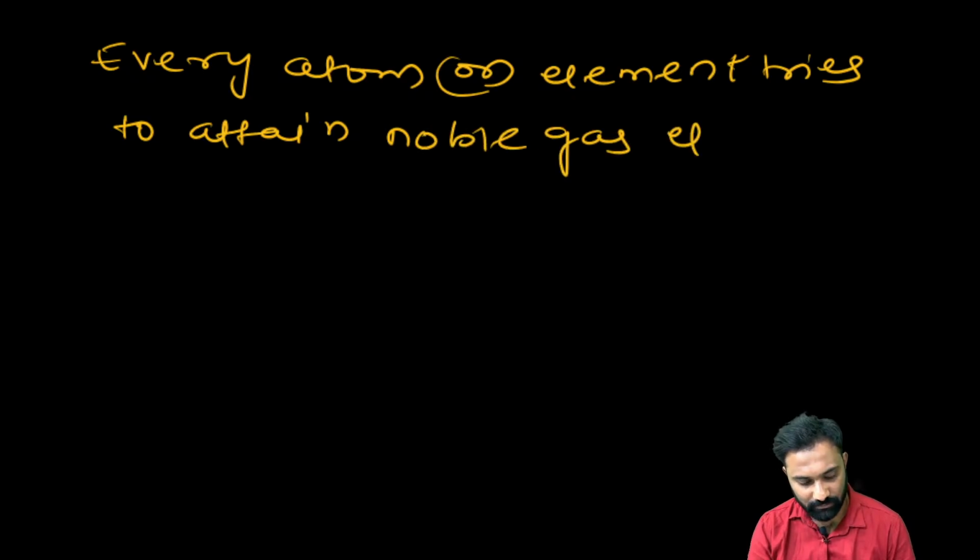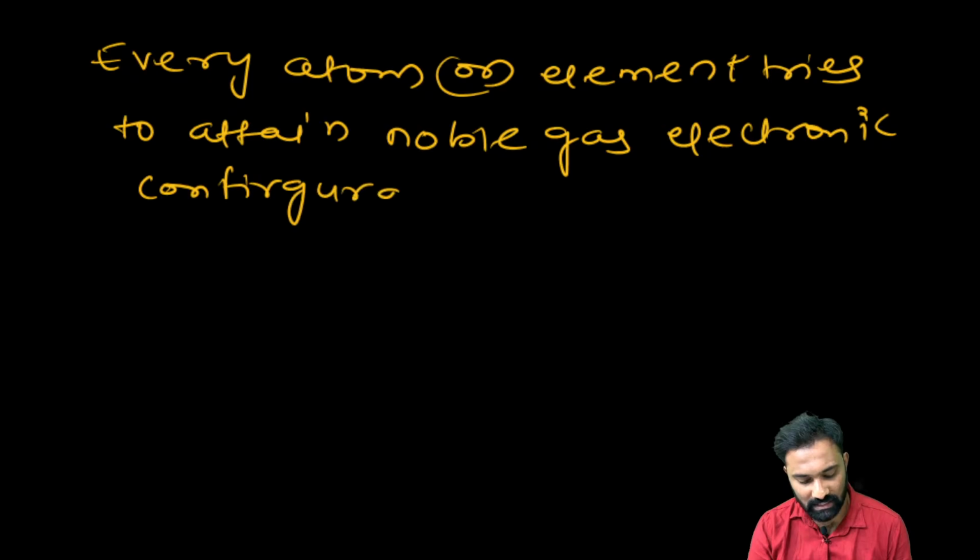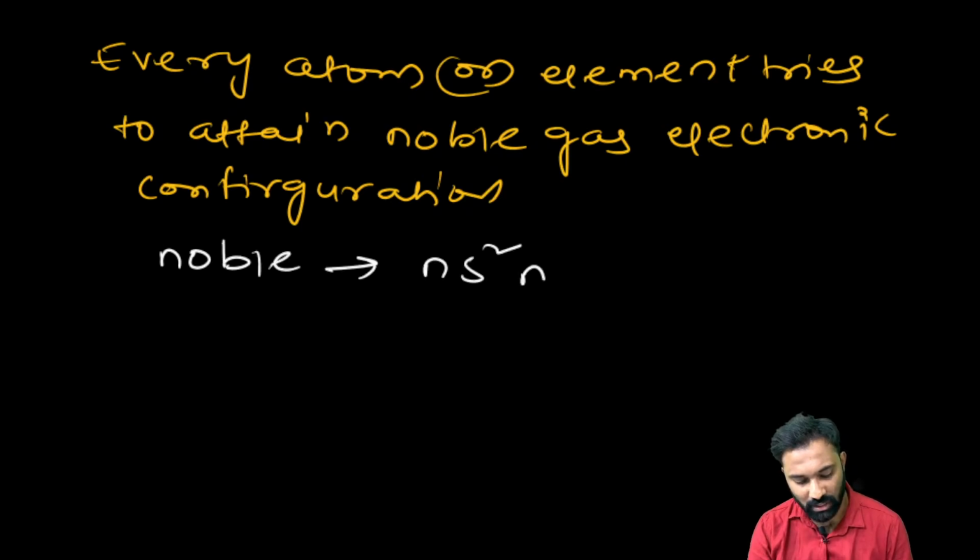Noble gas electronic configuration. Now what is a noble gas electronic configuration? We know, right? A complete octet is known as noble gas electronic configuration. It means that element should have ns2 and np6 complete. That we call an octet.